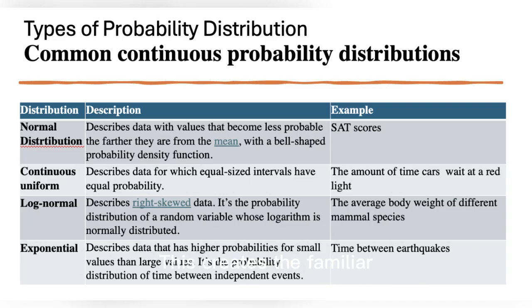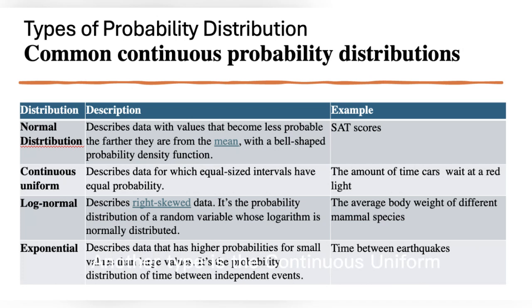This creates the familiar bell-shaped curve commonly seen in real-life scenarios such as SAT scores, where most students score around the average, while very low or very high scores are less common.